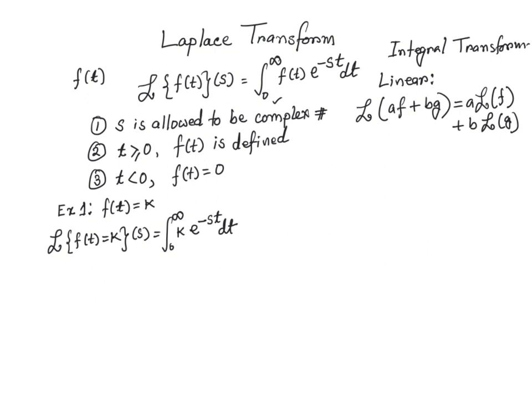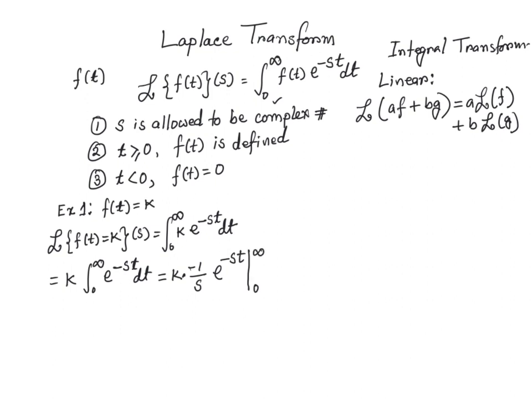Since k is a constant, I can bring it outside, and it becomes k times the integral from 0 to infinity of e to the power negative st dt. Now, the integral of this is k times negative 1 over s times e to the power negative st, evaluated from 0 to infinity.